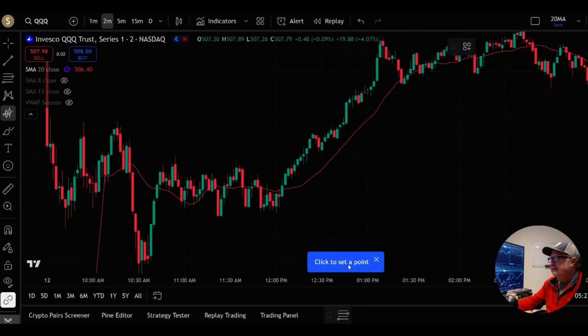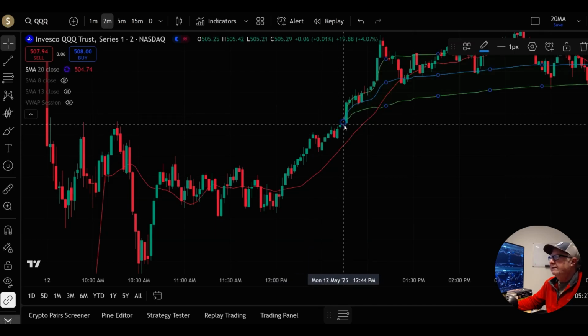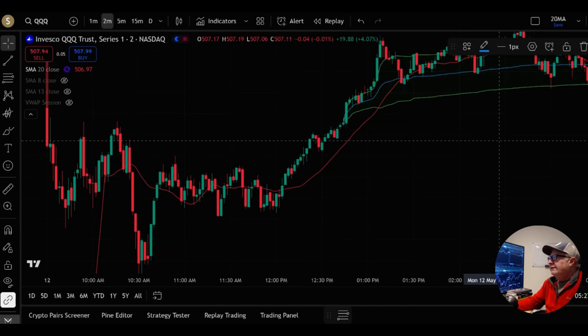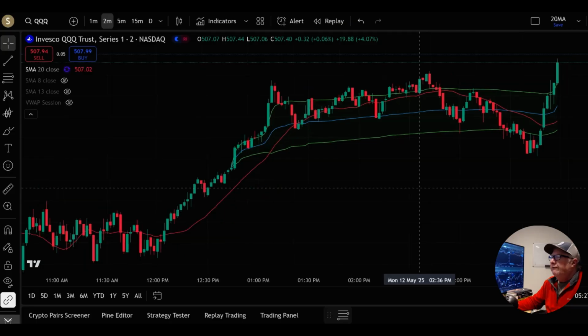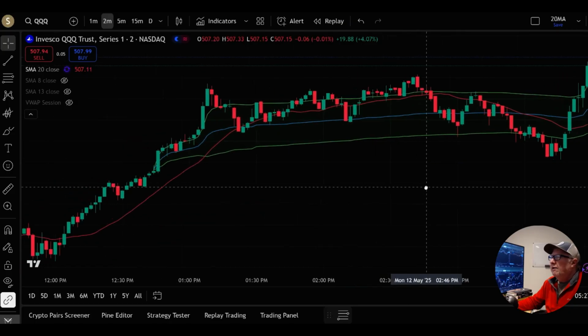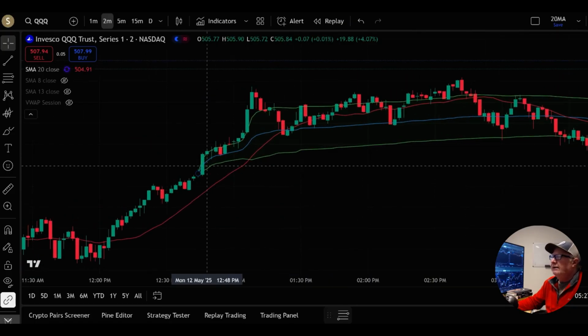It says click to set a point. So we're going to go to the bar, this candlestick, where we broke above, our first move above this resistance from early in the day. And we're going to click that candlestick. So what that's going to do is put VWAP on our chart starting here.